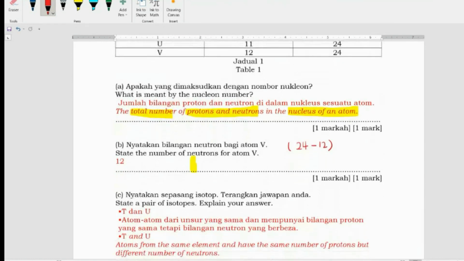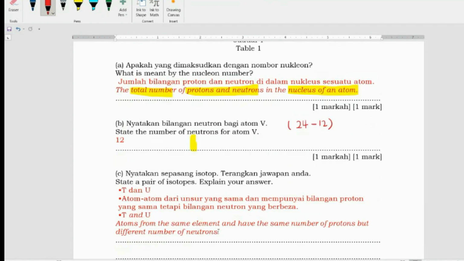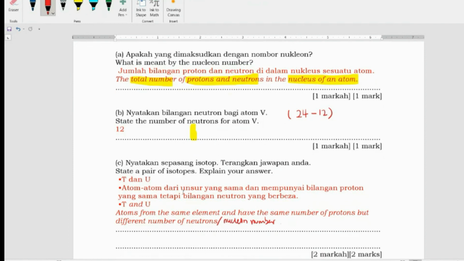They have same proton number or number of protons, but different number of neutrons. Here, number of neutrons, you can also change to nucleon number. Okay, class, they have same proton number or number of protons, but different nucleon number.